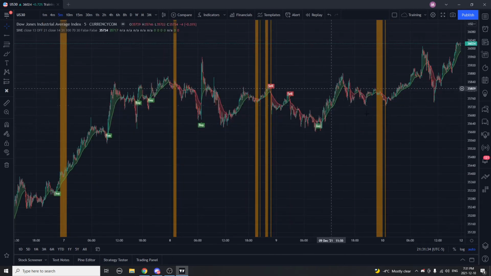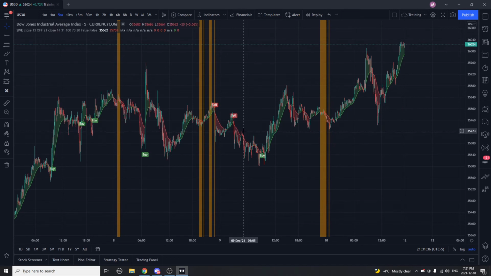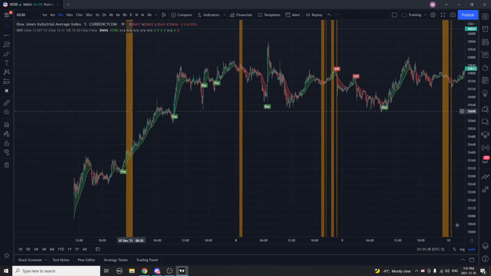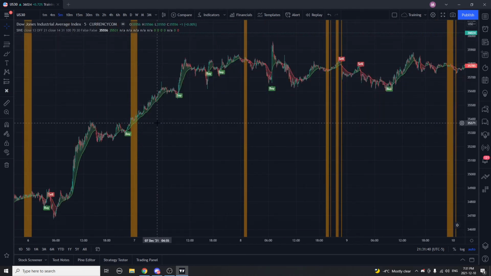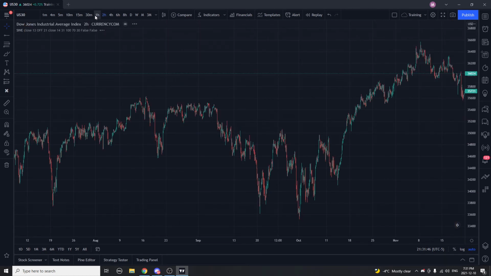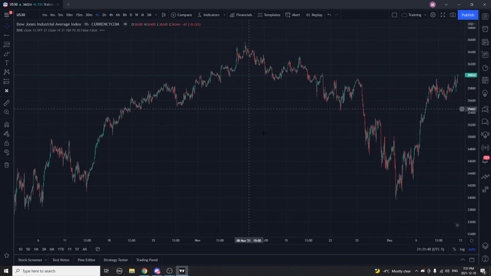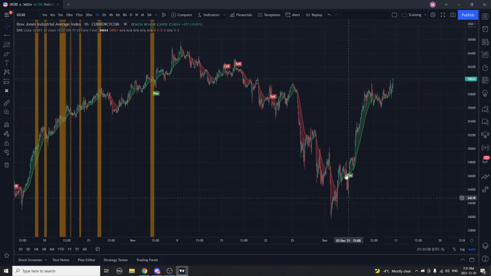It took me a very long time to develop this system, and it's still in development to be progressed to a higher level, because I know that we can develop something even better than this current version. This is version 1, guys. Look at this.